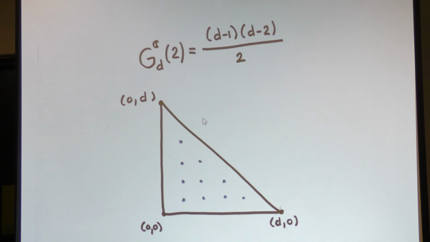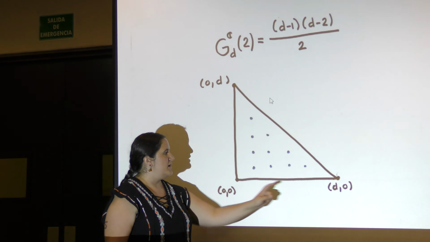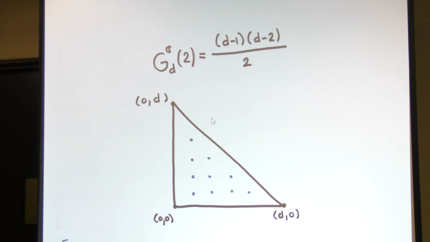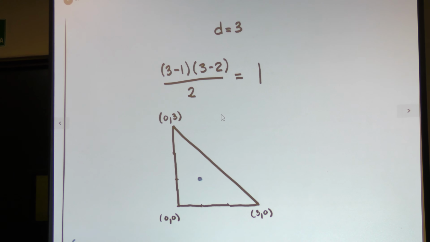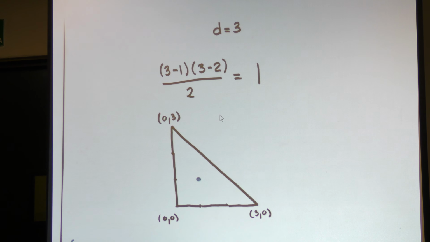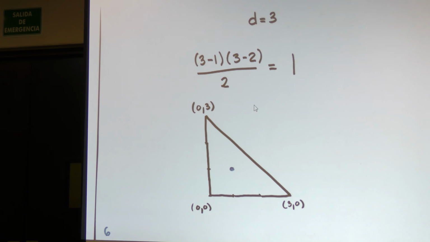And in fact, it is the number of lattice points in the triangle with vertices (0,0), (d,0), and (0,d). For example, again, for d equal to 3, the bound is equal to 1. We have only one integer point in the triangle of size length 3.